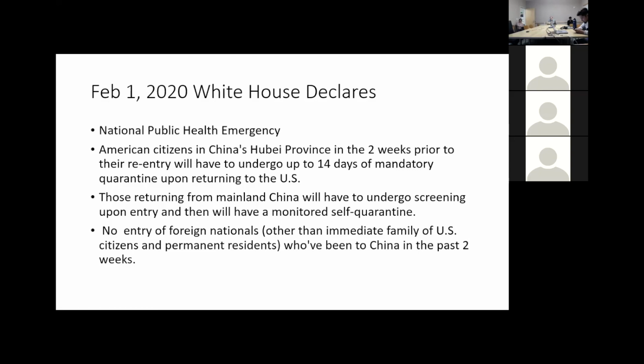And then those returning from anywhere in mainland China had to undergo screening upon entry and have a monitored self-quarantine. And there was a prohibition of foreign nationals other than immediate family members of US citizens and permanent residents who were in China for the past 2 weeks. So they were directly banned entry into the United States.